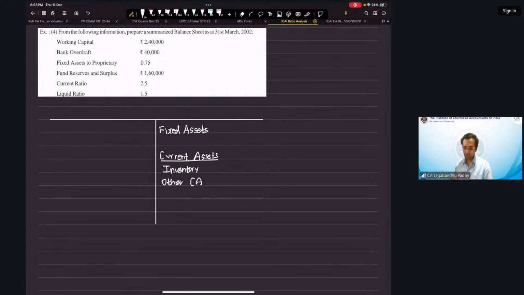Then for the proprietary ratio, you will definitely have the share capital and reserves also. Share capital, reserves, and then we have the current liabilities.